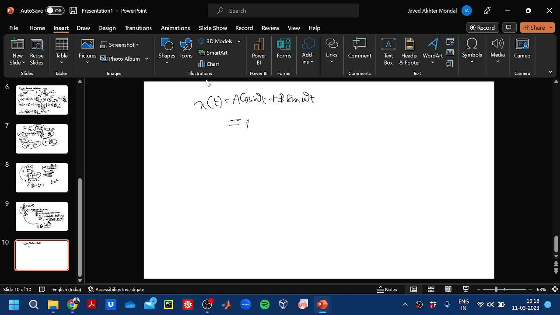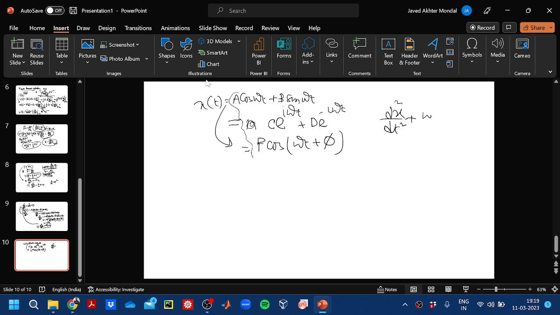We can write this as c e to the power i omega t plus d e to the power minus i omega t, and also we can write this in terms of constants, suppose p and phi, as p cosine of omega t plus phi. Any one of these will solve our given equation. If we plug in any of these, they will satisfy this equation.